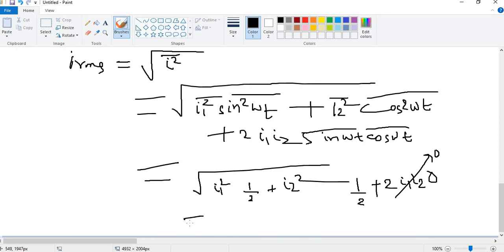Now we are left with I1 squared by 2 plus I2 squared by 2.